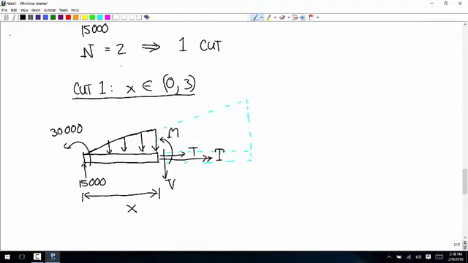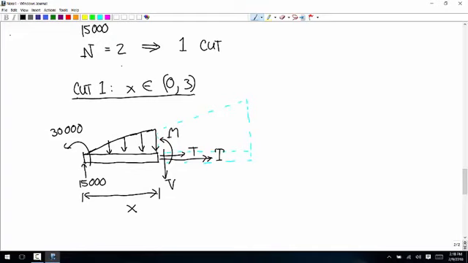And so now what we're doing is exactly the same as what we did to calculate the external loads on the left end, except now the unknowns are over here. And then there's one other thing that we have to deal with. We know that over here, the distributed load is 10,000.